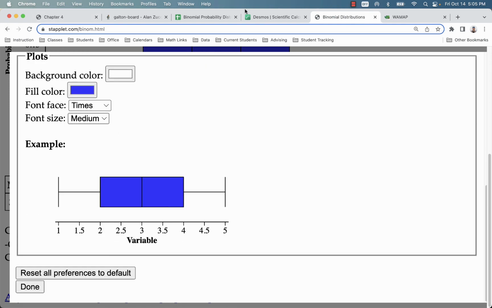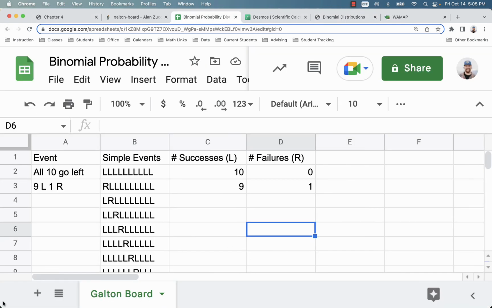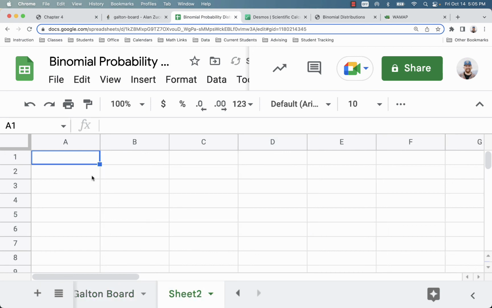If that's not enough, there is a way to do this in Google Sheets. What I like to do is set up my x and p of x columns. Start by putting in from 0 to n. I'm still looking at this same problem.